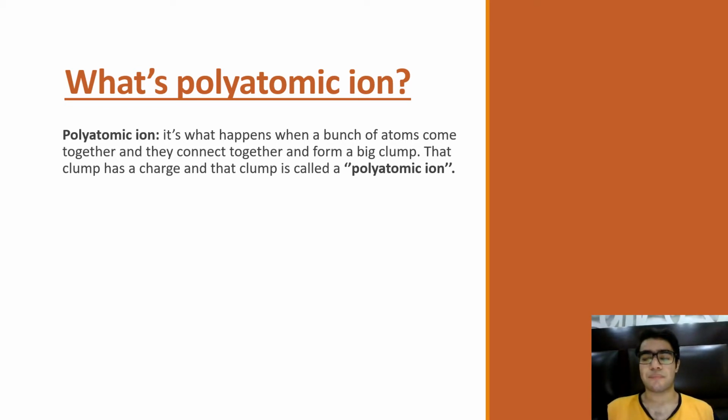That clump also has a charge because it's an ion, a negative or a positive charge. So when two or more atoms join together to form a large clump, that's called a polyatomic ion. Now I'll tell you how to write the formulas of polyatomic ions.